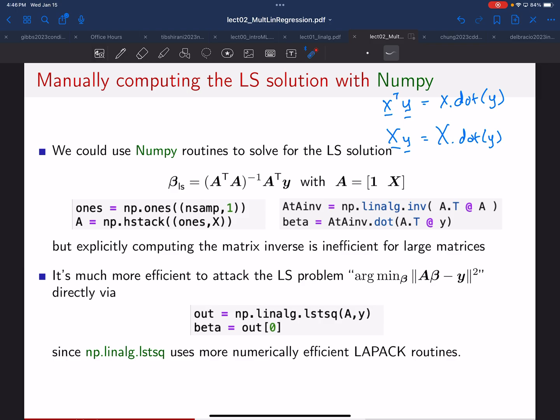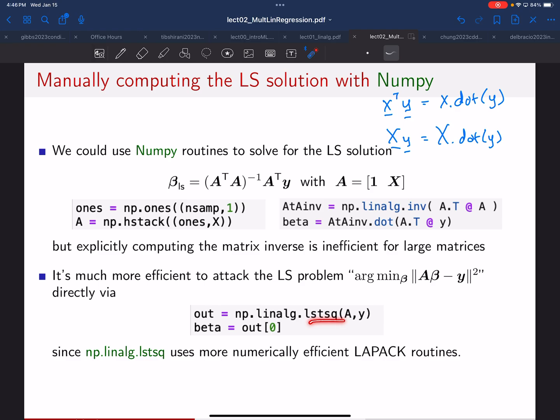So that works, but it's not very efficient numerically, especially as this matrix gets large. A more efficient way to do this, if you want to use NumPy, is to directly ask it to solve a least squares problem like this. For that, it has this least squares function, where you give it the matrix and the vector.